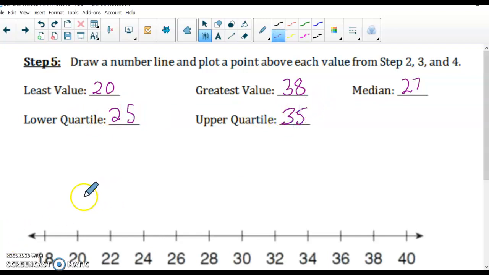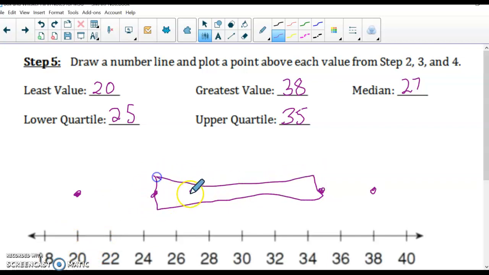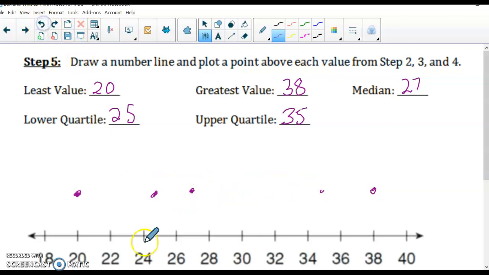So we put a dot. Notice our number line. We went by twos. 27, 38. Our lower quartile is 25 and our upper quartile is 35. Okay, so we want to go from 20 to 38. They decided to go by twos. We put a box around the center 3 numbers.